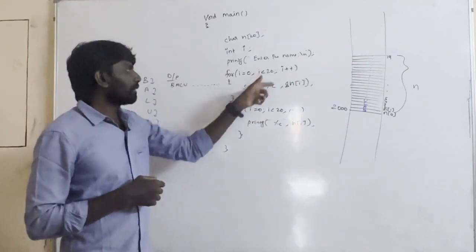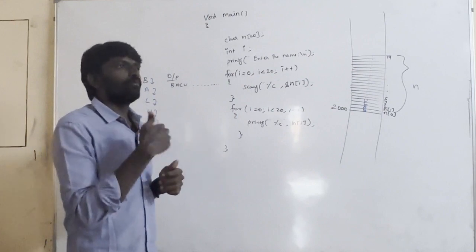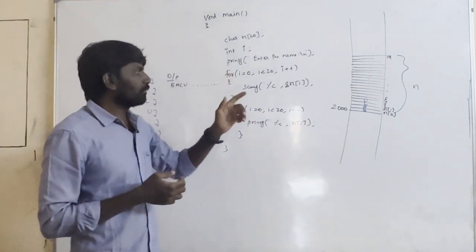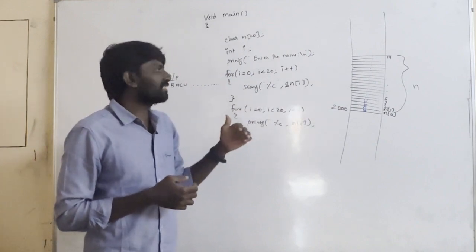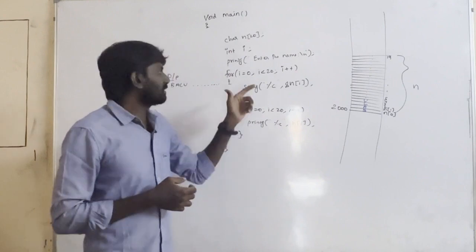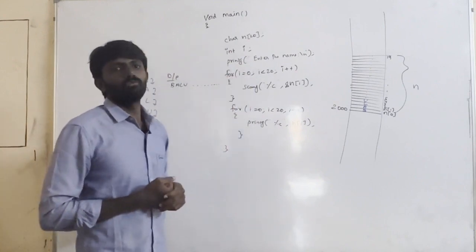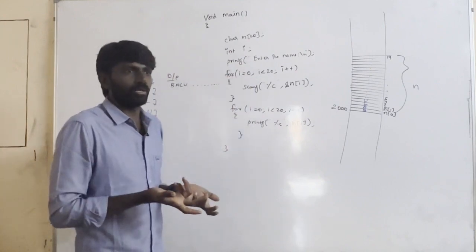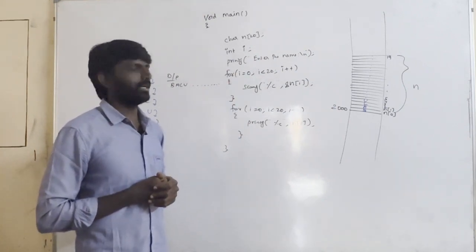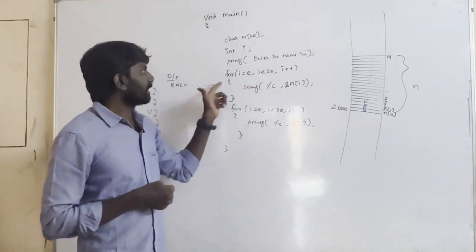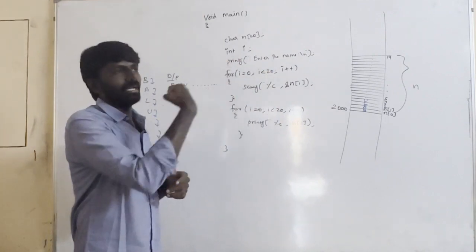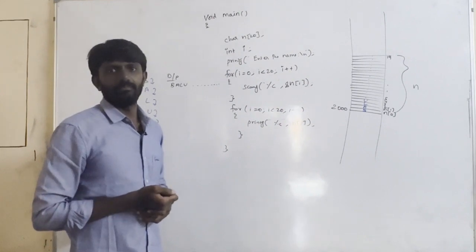So here the problem is, when I want to give one name, Balu, I want to give only BALU, but unnecessarily I am giving BALU dot. Another problem is the loop is running for 20 times, but I don't want that. I want the loop to run for only 4 times. Got it, right? So these two problems we are facing during string input, I mean when you want to give input to the character array.